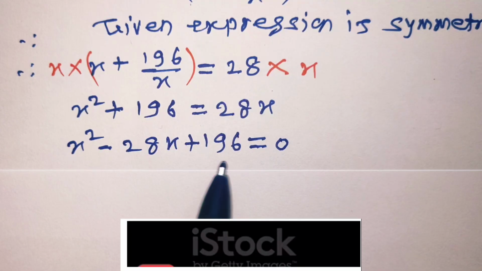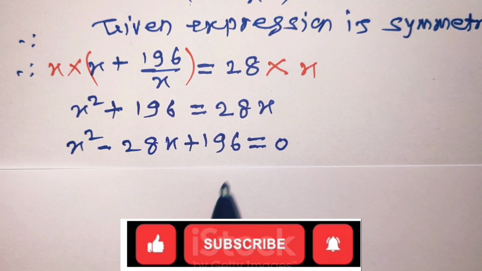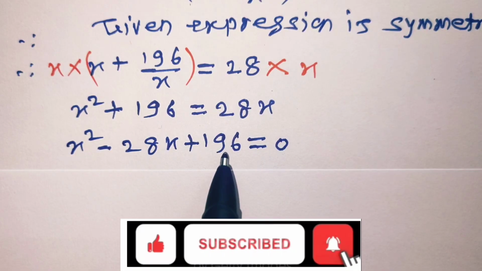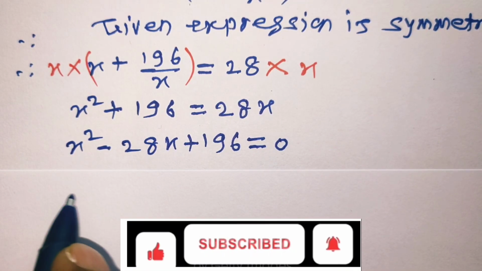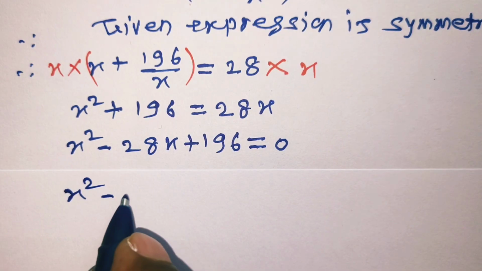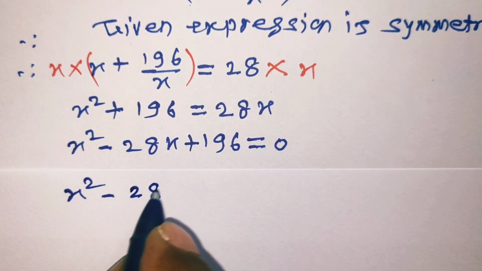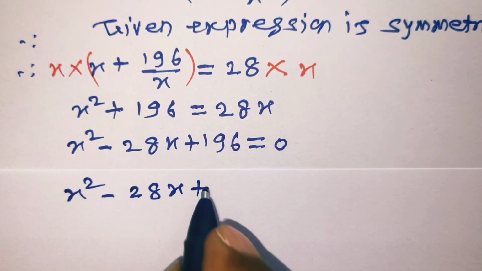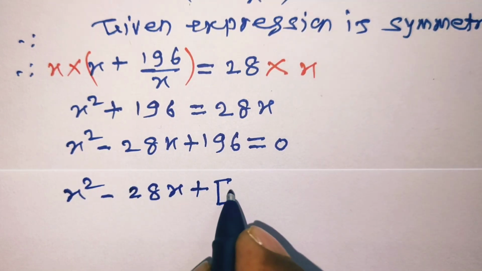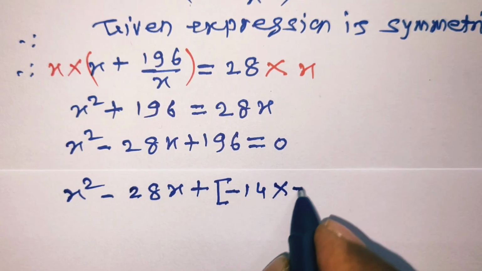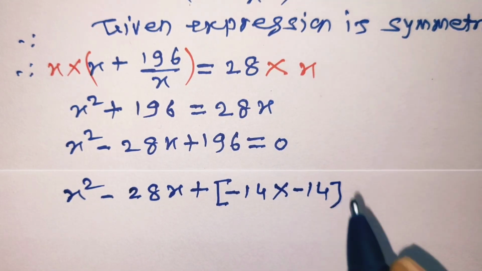This equation is quadratic in x. Now factors of 196, that will be 14 into 14. This can be written as x square minus 28x plus minus 14 into minus 14.